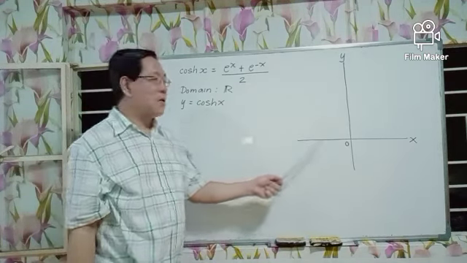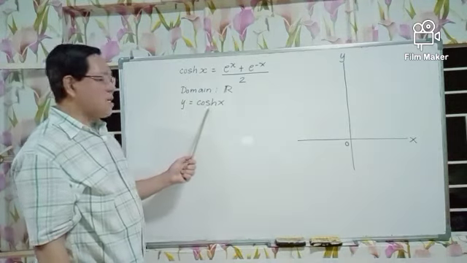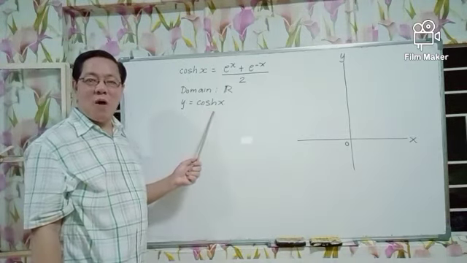When x is 0, the value of y is given by the hyperbolic cosine of 0.